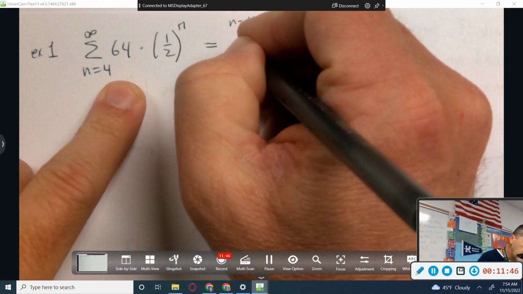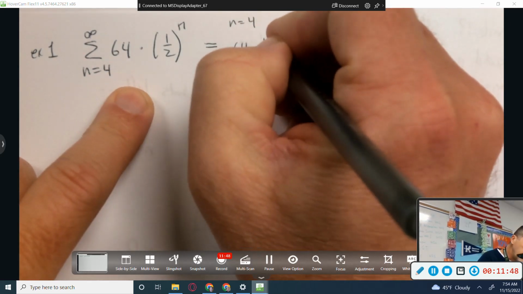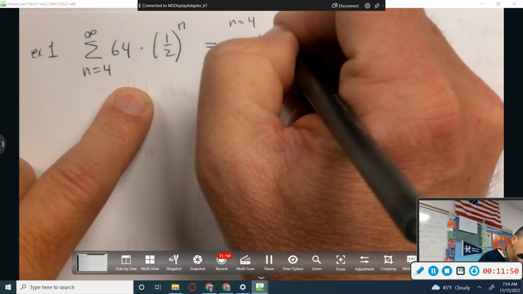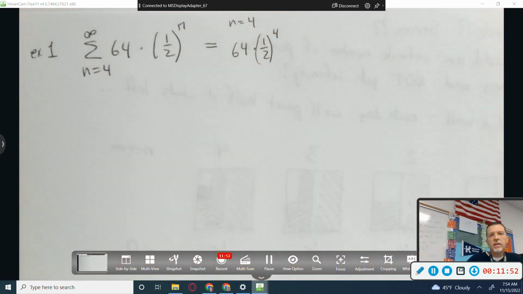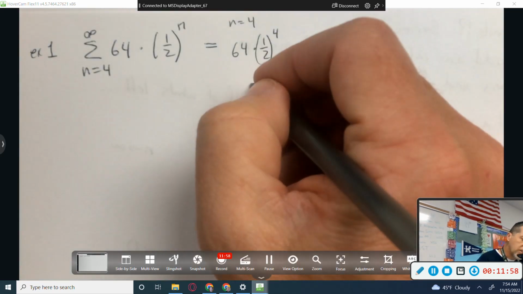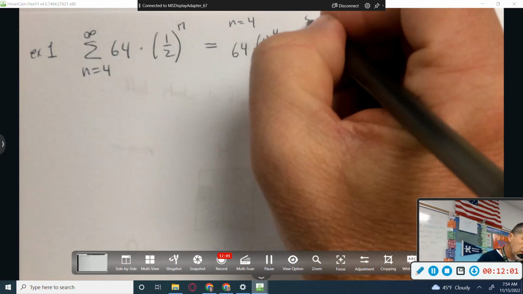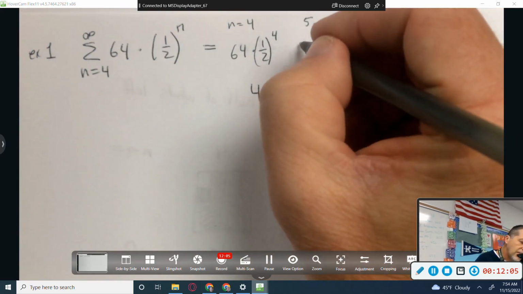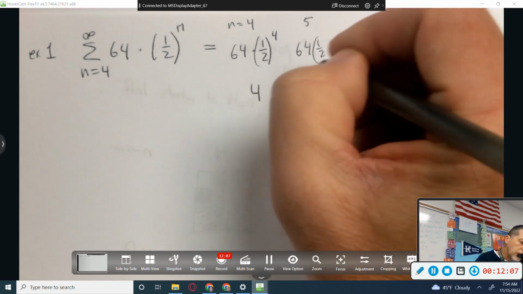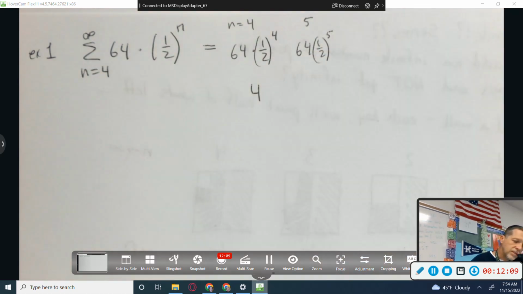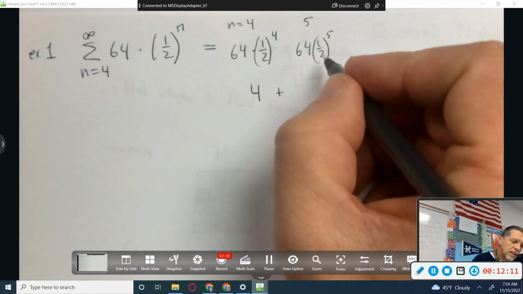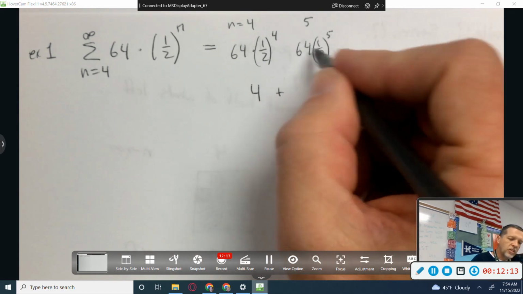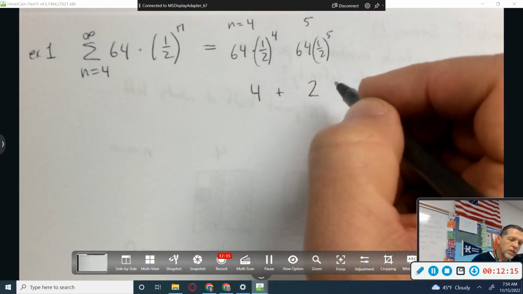So let's see, if n is 4, 64 times 1/2 to the 4th. Let's see, 2 to the 4th is 16. 64 over 16 is 4. N is 5. 64 times 1/2 to the 5th. 2 to the 5th is 32. 64 over 32 is 2.